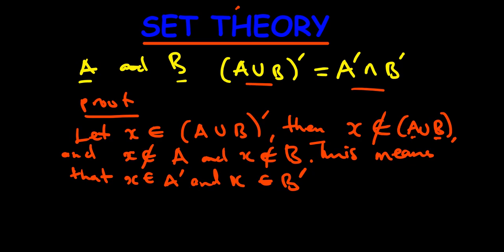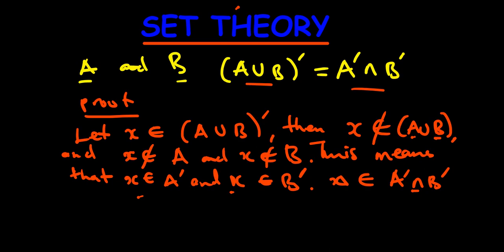If X is in both of these sets, this means that X is a member of A complement intersect B complement, because X here becomes the common element, the intersection.